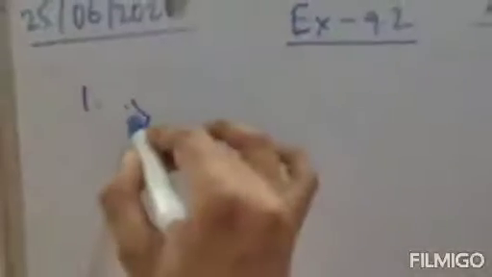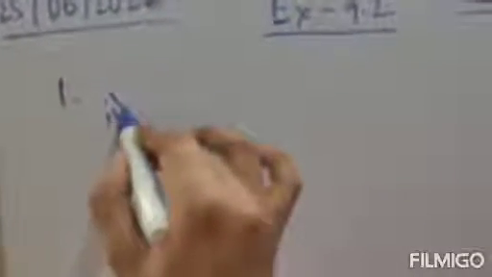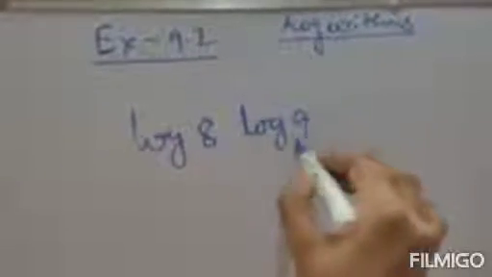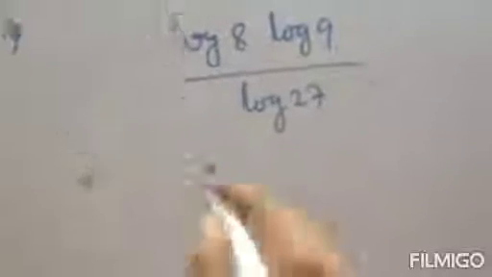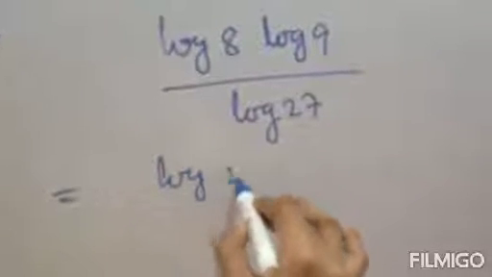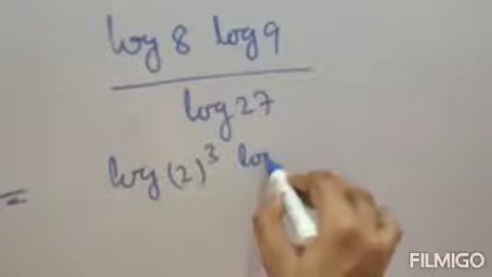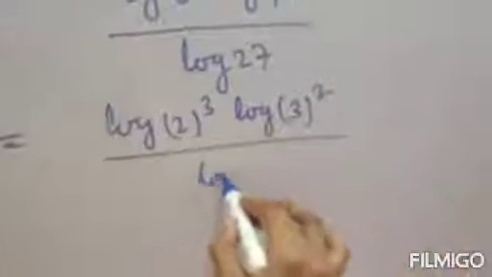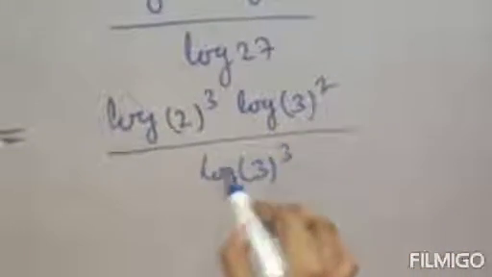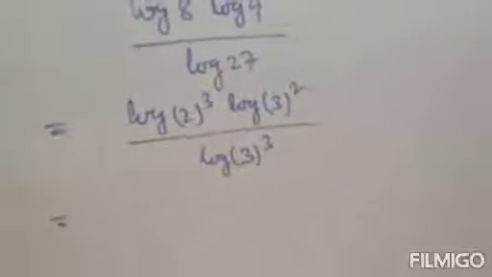Question number 4: log 8 log 9 divided by log 27. Log 8 can be written as log 2 to the power 3, log 9 can be written as log 3 to the power 2, and log 27 can be written as log 3 to the power 3. So just recall the power law.